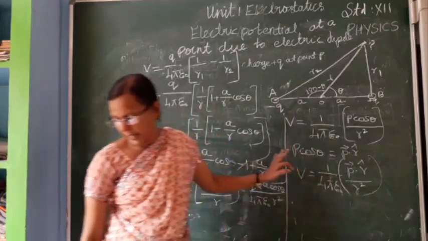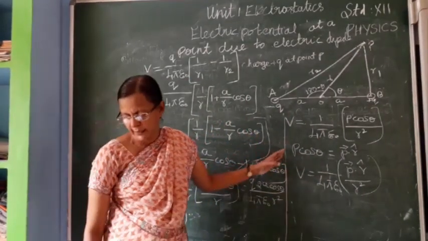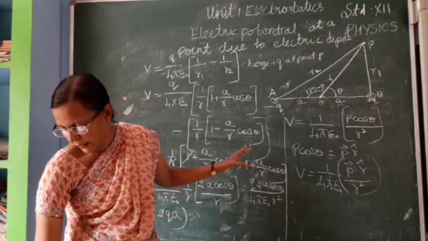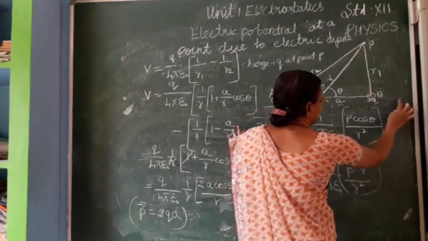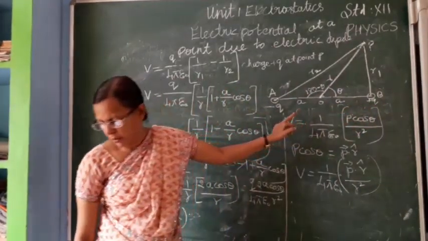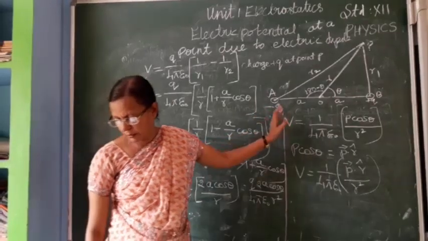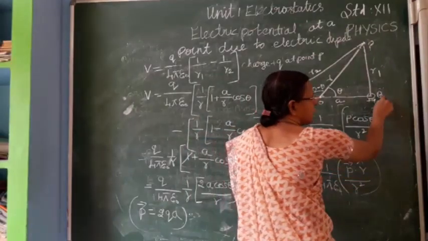This is the value. Here some cases are there. Sometimes the point P is lying on this side, the side of plus q. What will happen to this angle? The angle theta is equal to 0.